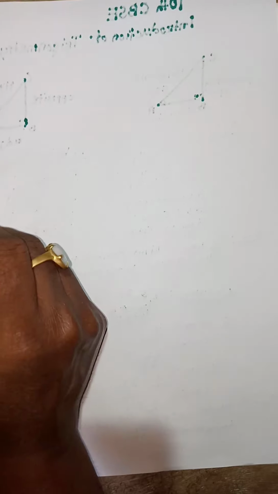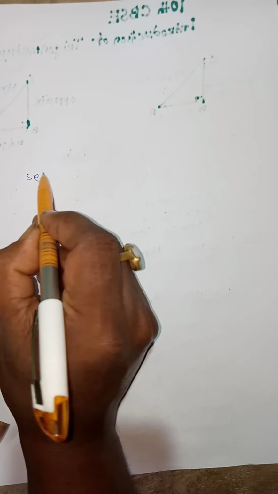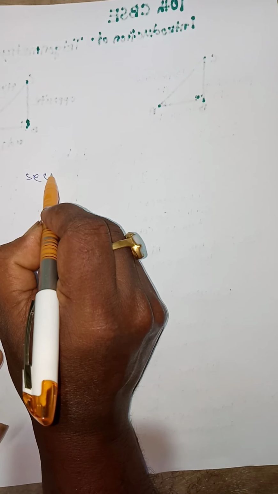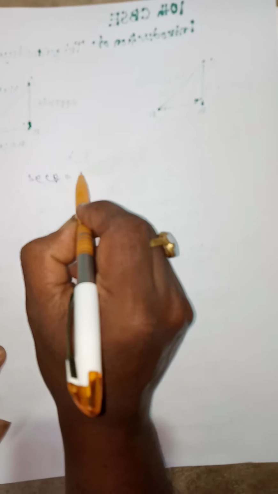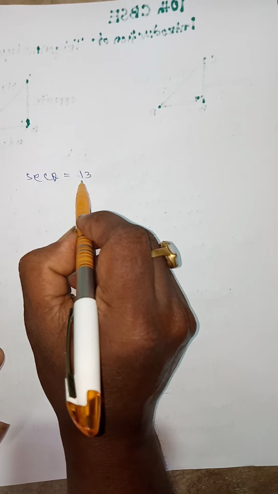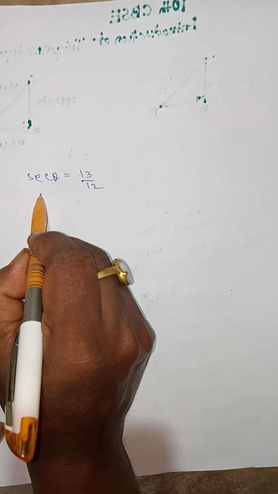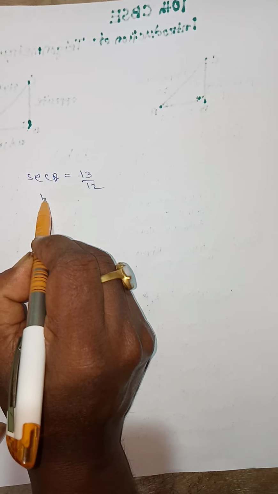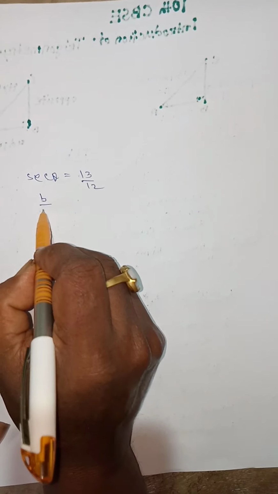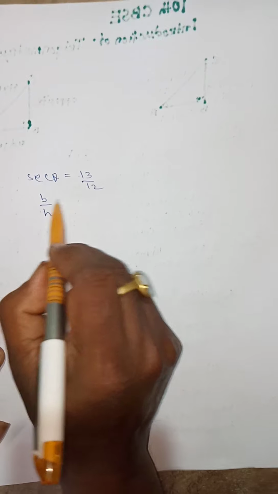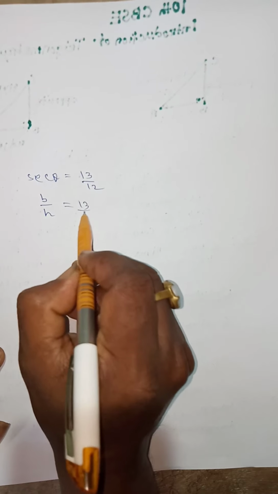First, in this question, given that sec theta equal to 13 by 12, you know that sec theta is equal to H by B, which is equal to 13 by 12.